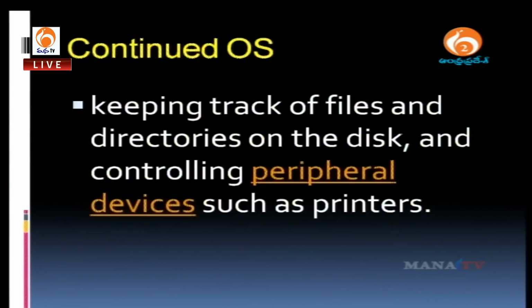Another responsibility is keeping track of files and directories on the disk and controlling peripheral devices such as printers. Now we are giving only an overview of the definition of the operating system.